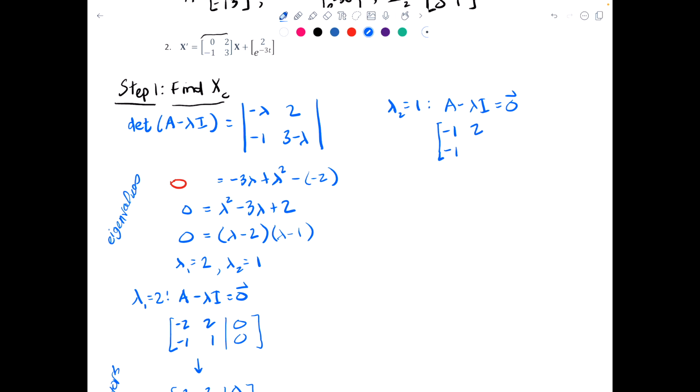Now 3 minus 1 is 2. And then we have our dividing line, and we put our zeros. That's going to be equivalent to, they're the same, right? So the bottom line will zero out, and then you'll have negative 1, 2, and 0.